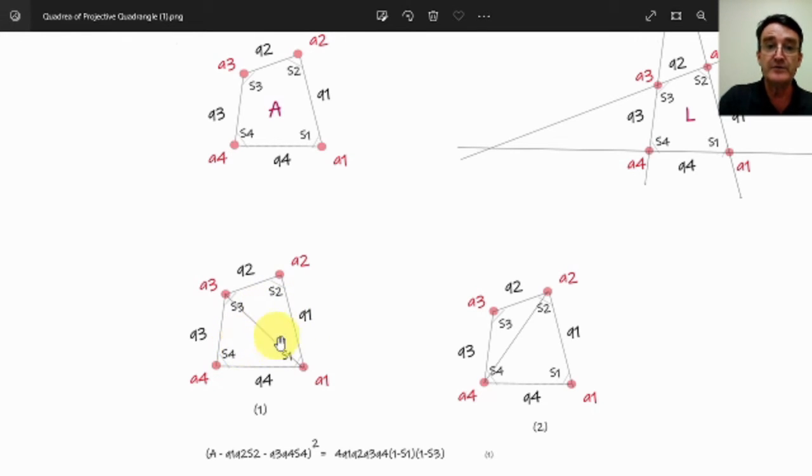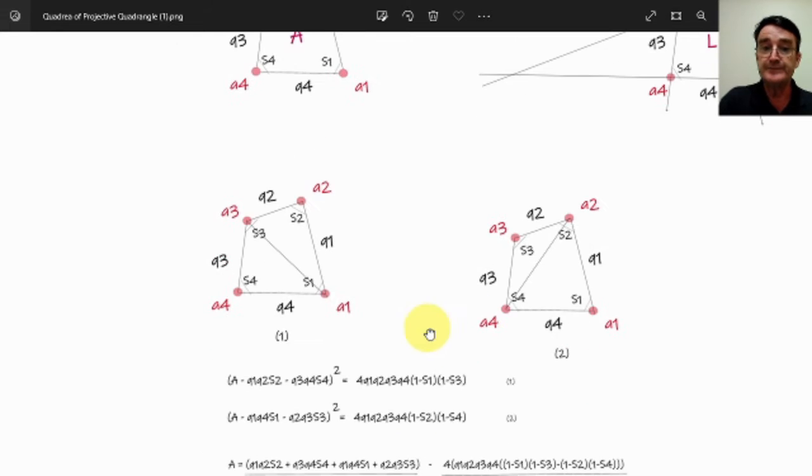We have triangle A1A2A3 and triangle A1A3A4. In this diagram, the quadrangle has been triangulated into triangles A1A2A4 and A2A3A4.